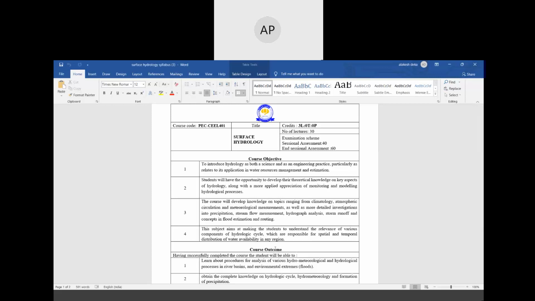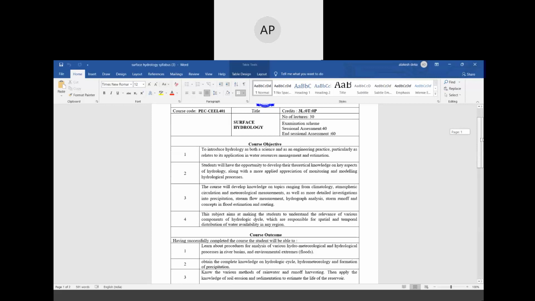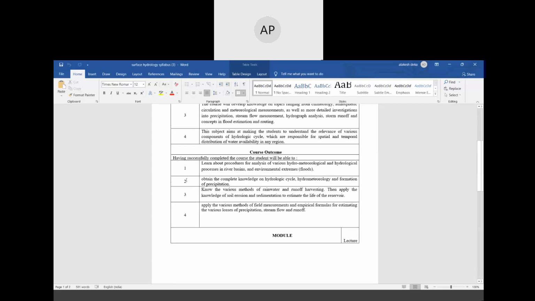After successful completion of the subject, the outcomes will be that you will learn the procedure for analysis of various meteorological data. So basically, it is a water related subject.